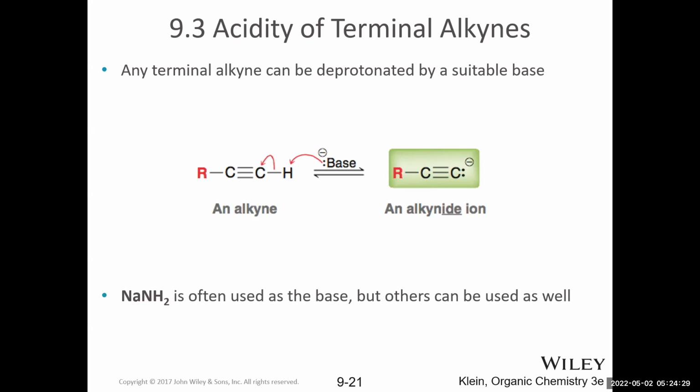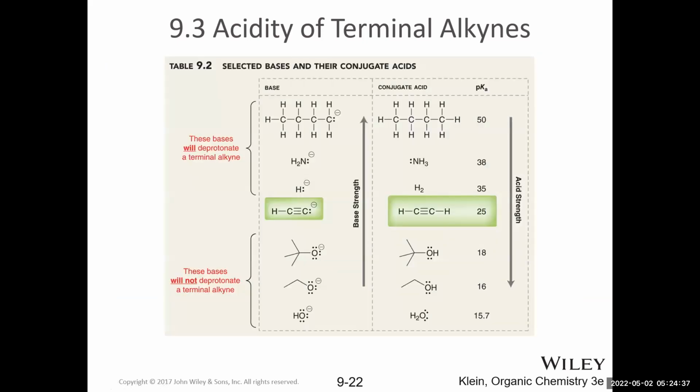So the strong base that's most common is sodium amide, but definitely other strong bases could be used as well to deprotonate that terminal alkyne. So remember that base strength and acid strength are inversely related. So up here with the weakest acid, the conjugate base of that would be the strongest base.